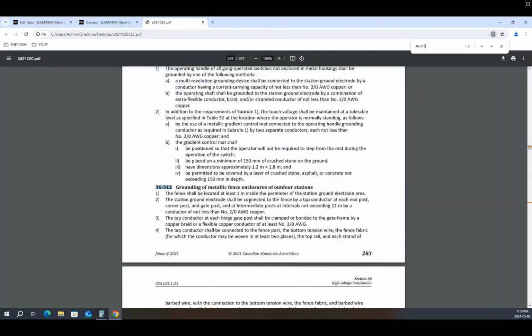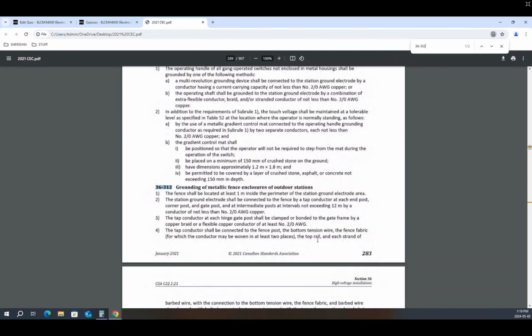And here, the fence shall be located at least 1 meter inside the perimeter. Station ground electrode shall be connected to the fence by a tap conductor at each end post, corner post, and gate post, and at intermediate posts at intervals not exceeding 12 meters. The tap conductor on each hinge gate post shall be clamped, bonded.